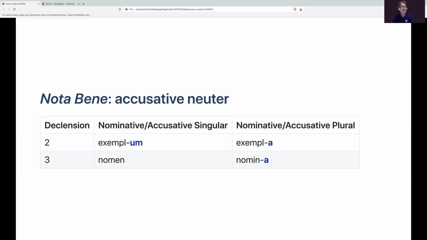Exemplum, a model or an example. In the nominative case, exemplum will identically be exemplum in the accusative, or in the plural, exempla will be both nominative and accusative form. Or the third declension noun, nomen, genitive nominis, accusative nomen will look just like the nominative. In the plural, accusative nomina will look just like the nominative plural nomina.